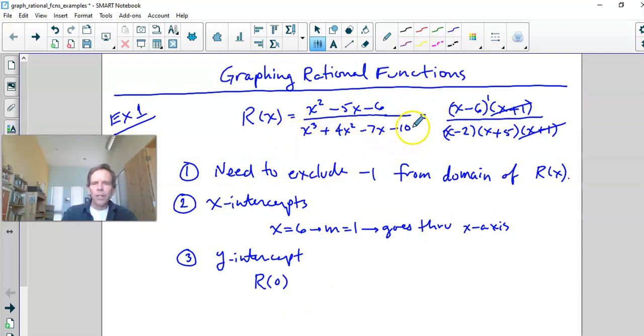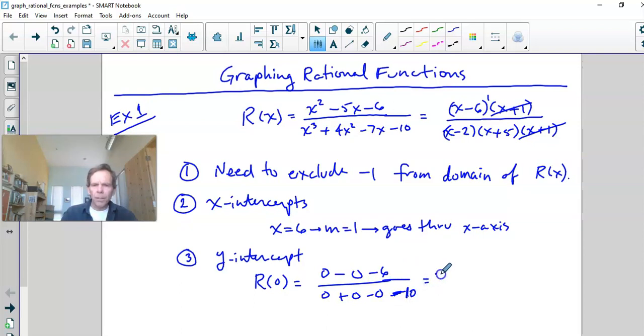It's usually easiest to use the unfactored form, because then it's easy to see, in the numerator, when you put 0 in for x, you're going to get 0 squared, which is 0, minus 5 times 0, which is 0, minus 6. And then in the denominator, 0 cubed is 0, plus 4 times 0, minus 7 times 0. So lots of zeros, except these last trailing, it's just minus 10 there.